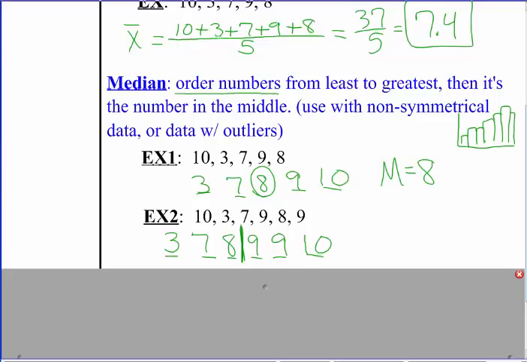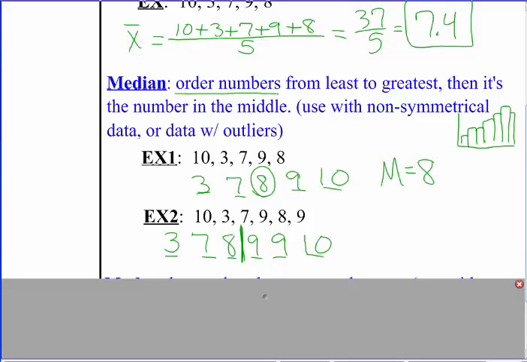So you have to find what number is between the 8 and the 9. To do that, you add up the two numbers and divide by 2, since there are two numbers you're adding. So in this case, our median would be 8 plus 9 divided by 2, which is 17 divided by 2, which is 8.5. So that's our median for our second example.